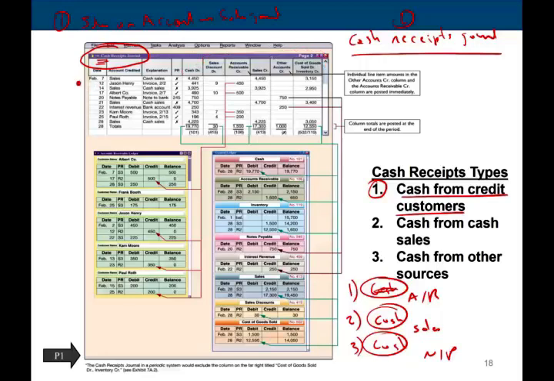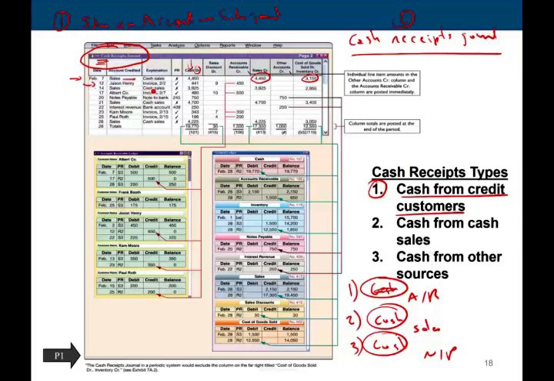For example, on February 7th, we made a cash sale for $4,450. We debited cash, and we credited sales, and we debited cost of goods sold, and we credited inventory. Notice this is a sale, but why does it not go on the sales journal? Because it's a cash sale.